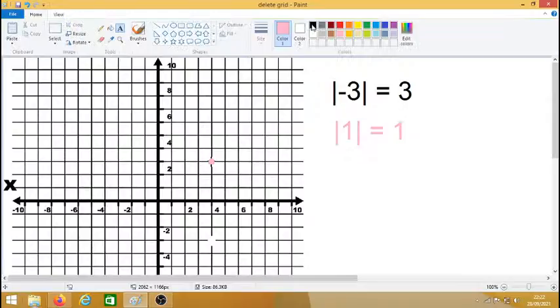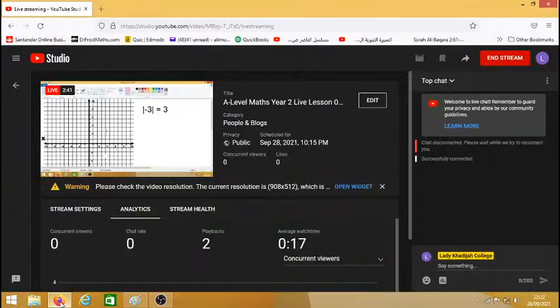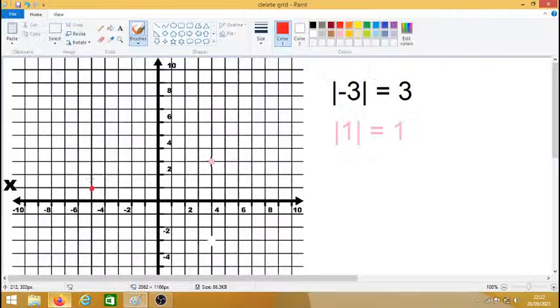So let's show that with a red circle at 1. And if I apply modulus to that, that stays there. But notice what happened to the pink. Anything that's below the x-axis, it came to the top. And we can just do another one just to make sure you've got the point.